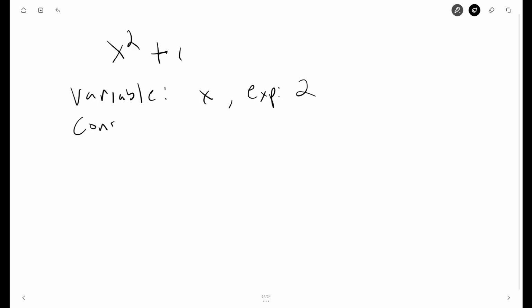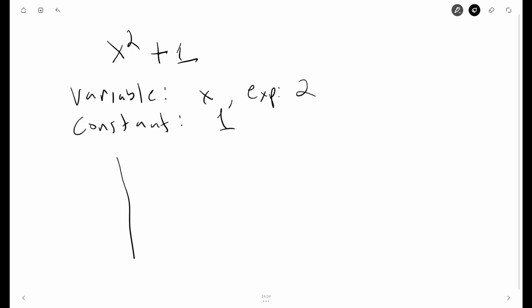Let's illustrate this a little better with a table. Okay, so x squared plus 1. The variable is x, and the exponent is 2, and the constant is 1, which is this one here.